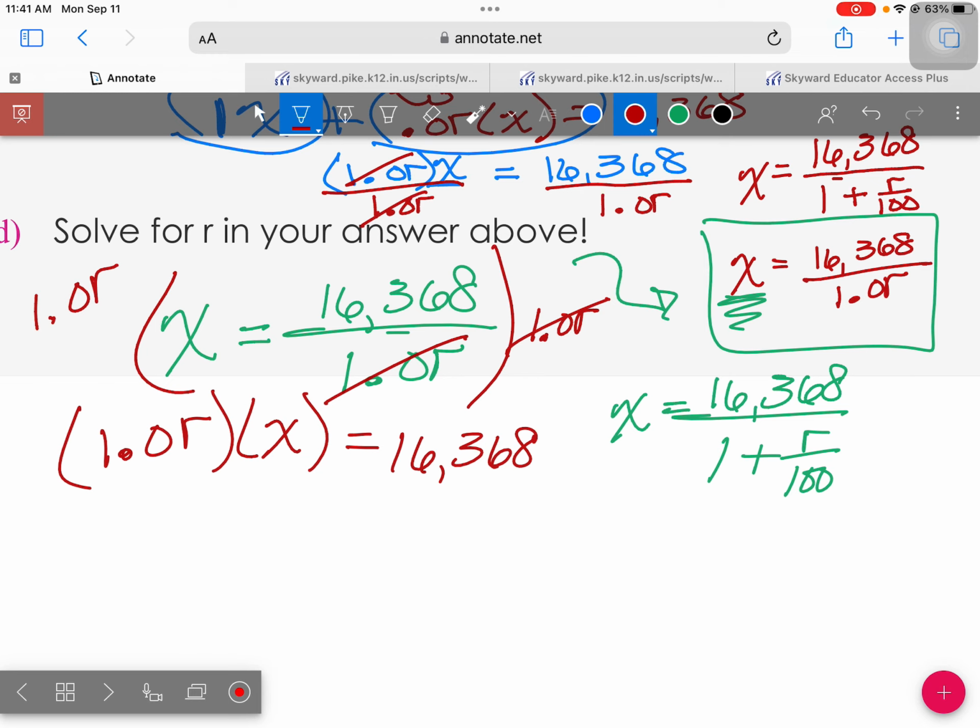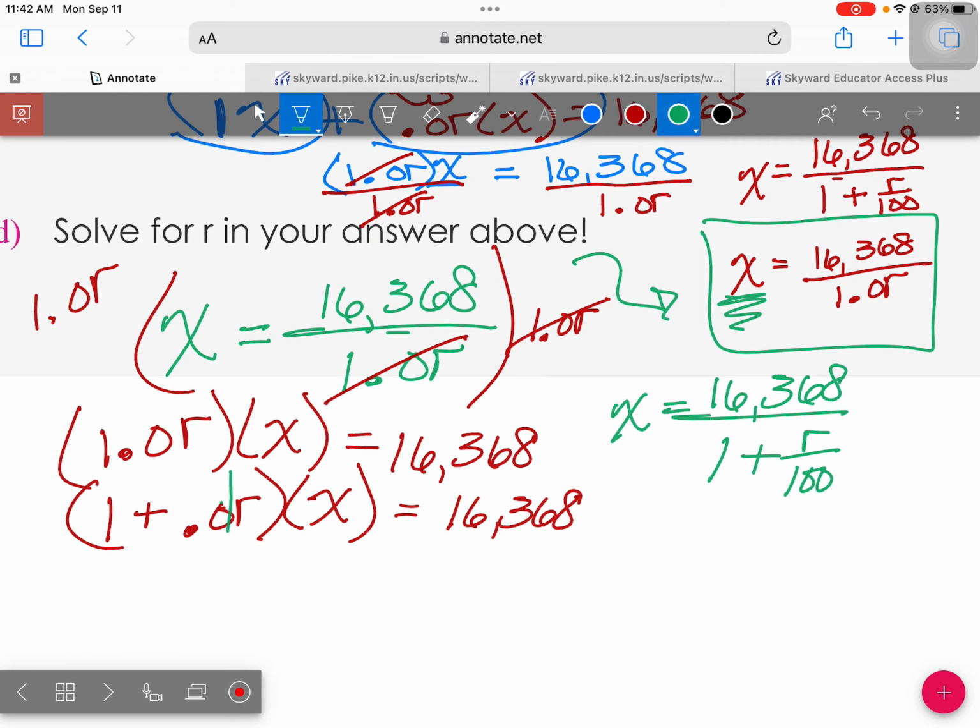If you remember, this was 1 plus 0.0r. Do you remember that? Okay, so I'm going to take that back to 1 plus 0.0r. I'm trying to solve for r by itself. So what would you do next?